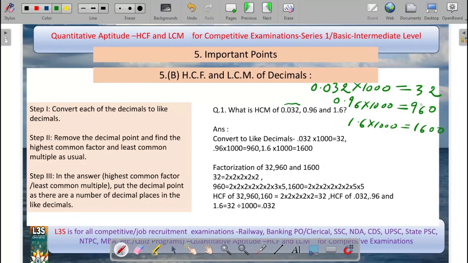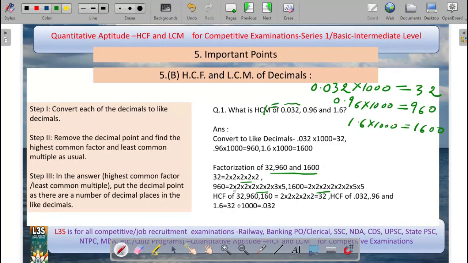Now we have to find out the HCF of 32, 960 and 1600. So here we factorize 32, 960 and 1600, and the common factor is 2 into 2 into 2 into 2 into 2.